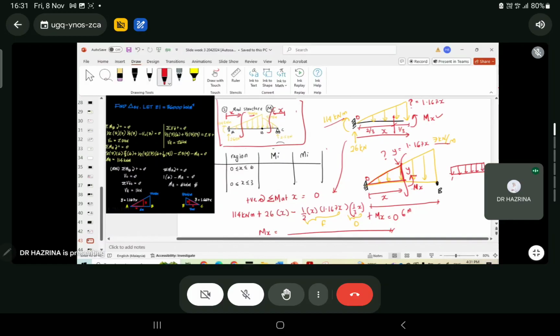So if you have A and B, and it says 3 kilonewton per meter, and the length is 6 meters, at 3 meters it is still 3 kilonewton, and at 4 meters it is still 3 kilonewton per meter. But in a case like this, because it is increasing, when you want to find the load at point X, you cannot use 7. You have to find the ratio at the middle, because you want to find it at X. So you can find Y equals 1.167X from the ratio earlier. So 1.167X will represent the load at any length along the beam. Understand?